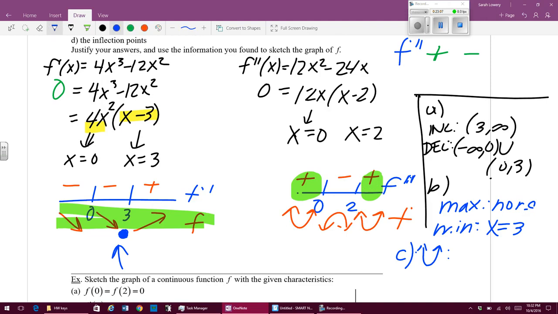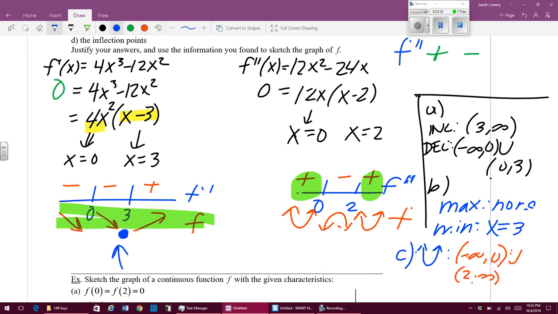So I'm now going to say my function is concave up from negative infinity to 0 and from 2 to infinity. My stylus sucks. I'm sorry.